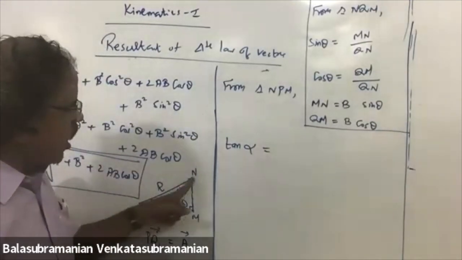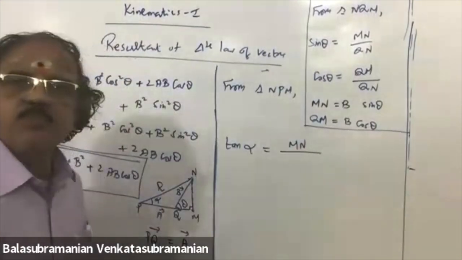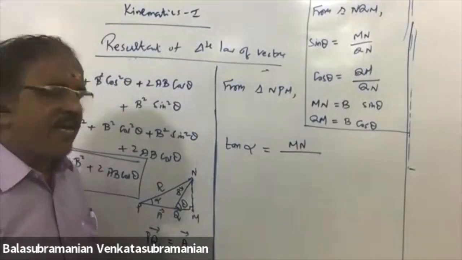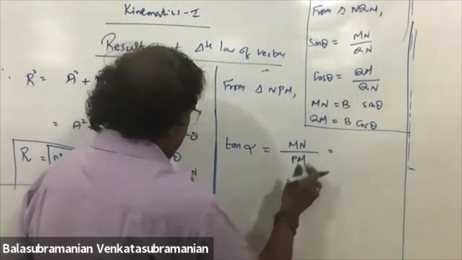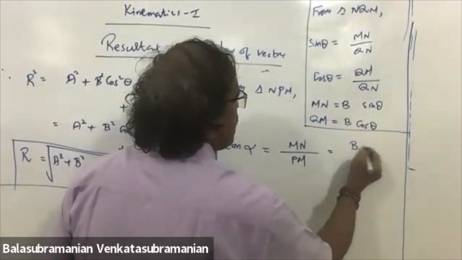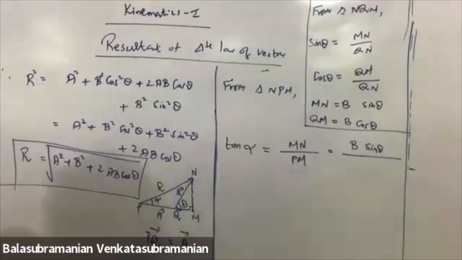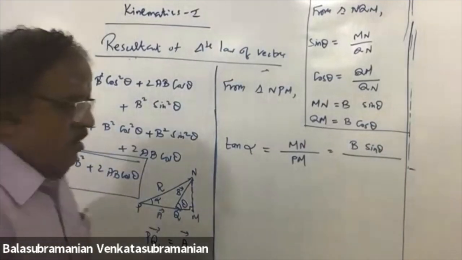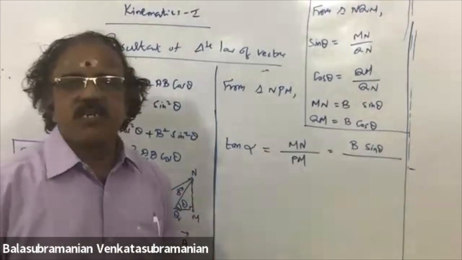Tan alpha is opposite side MN by adjacent side PM. Opposite side MN is what? B sin theta. Sin theta by cos theta is tan theta, so opposite side by adjacent side.